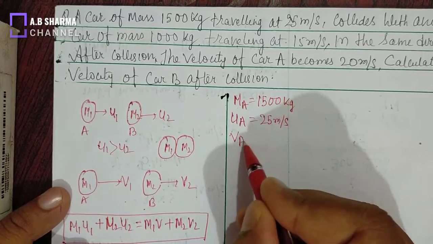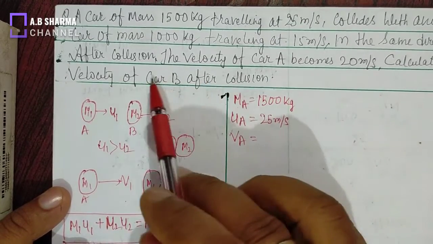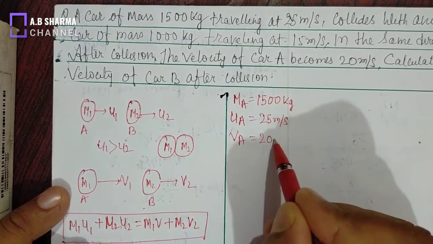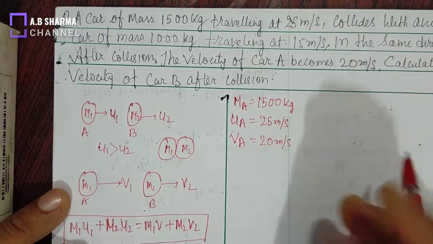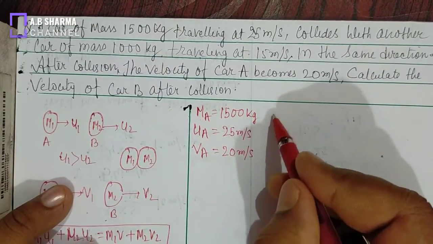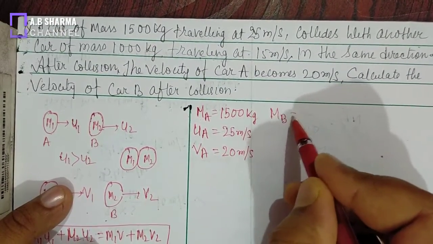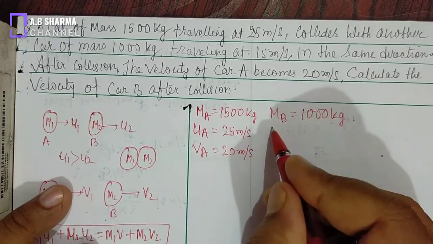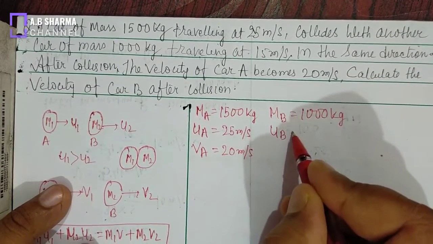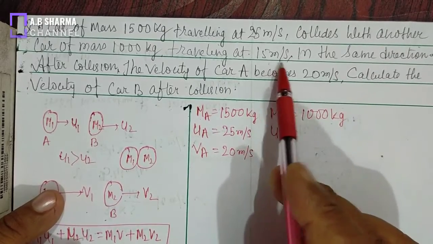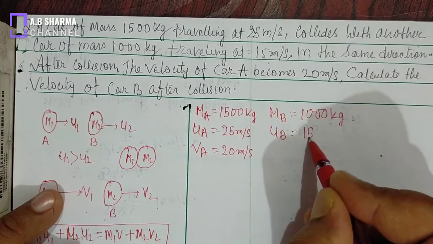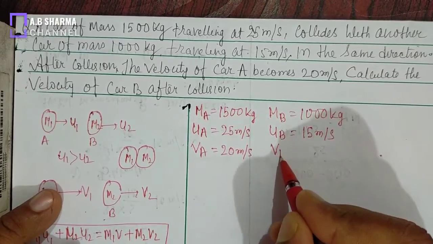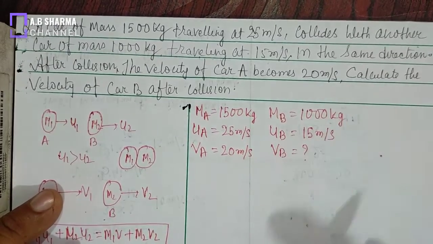VA, the velocity of car A after collision, is 20 meter per second. Mass of car B, MB, is 1000 kg. UB, the initial velocity of car B, is 15 meter per second, and the velocity of car B after collision we have to calculate.